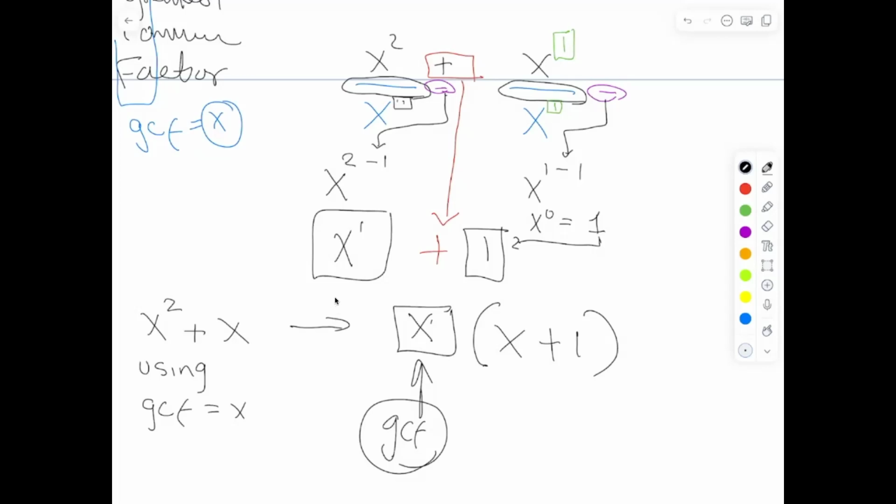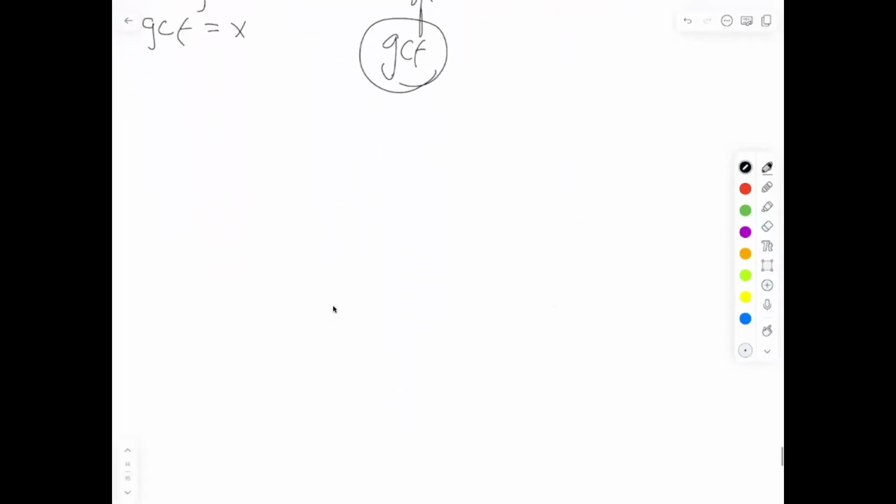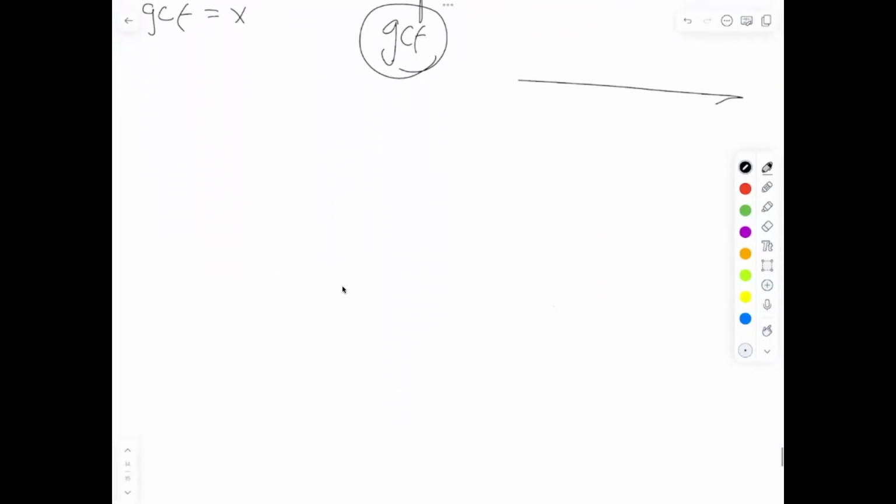But wait, there's more. We got to do more. We can't just do that. So let's do division of rational expressions.